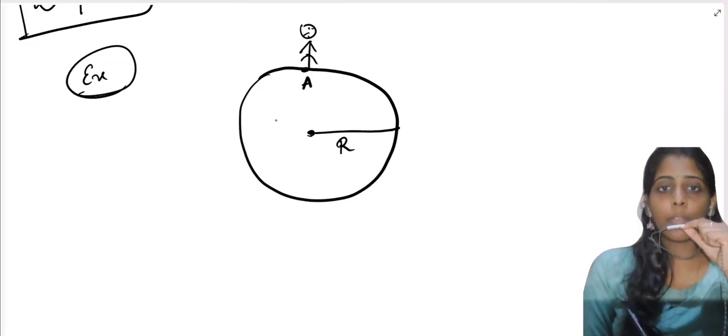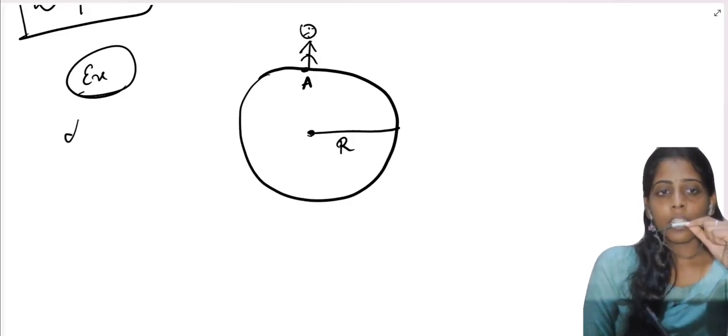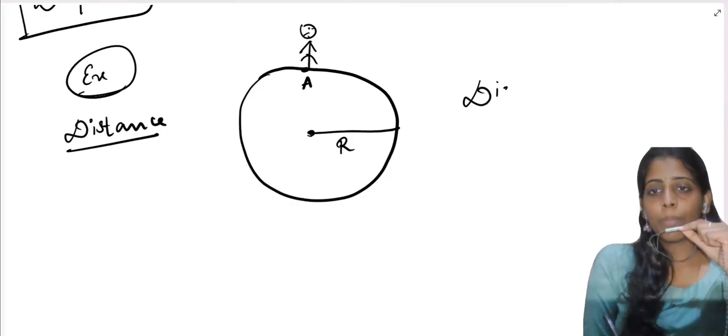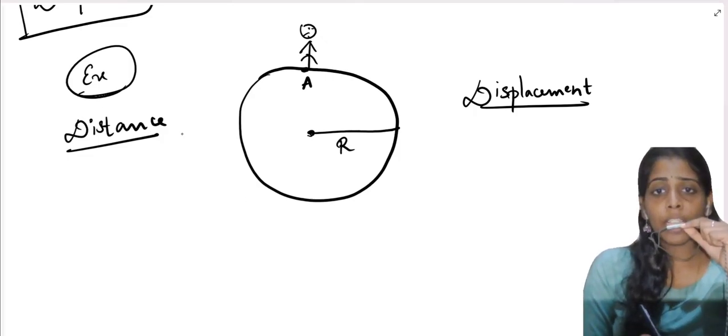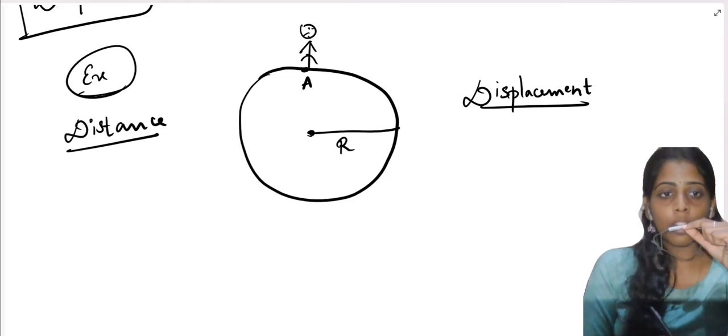While walking he wants to complete one round. So in this case, let us try to calculate the distance travelled by this person and also the displacement of this person.